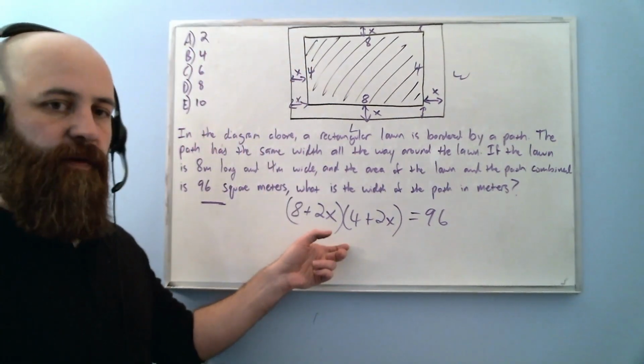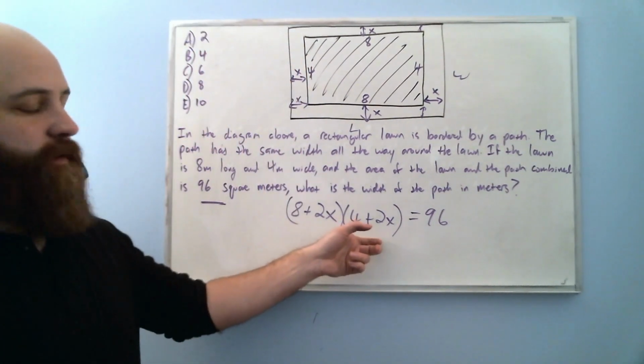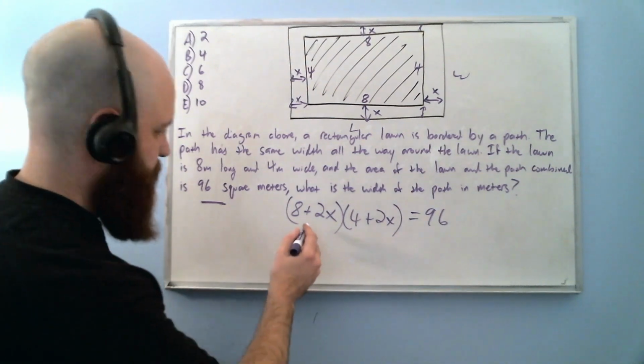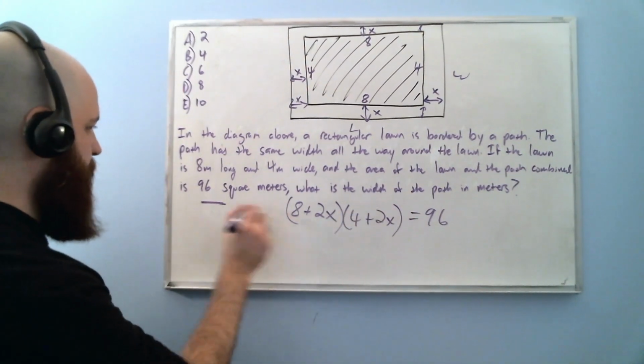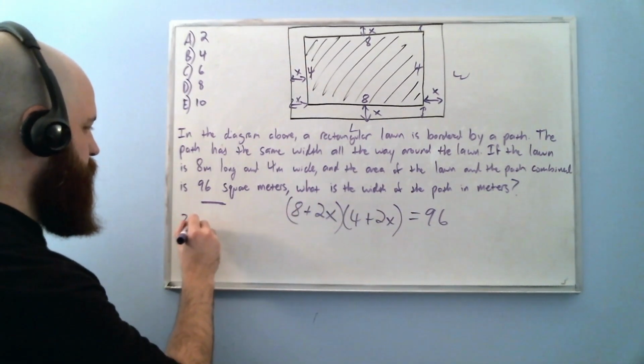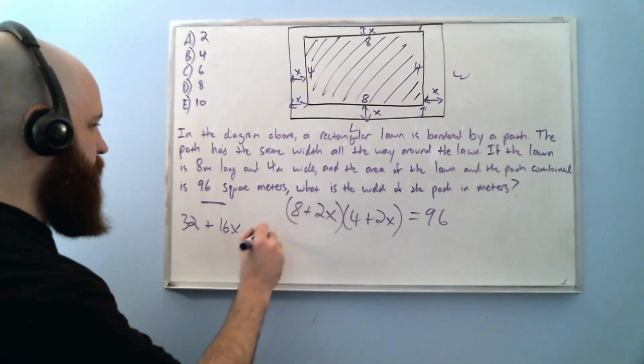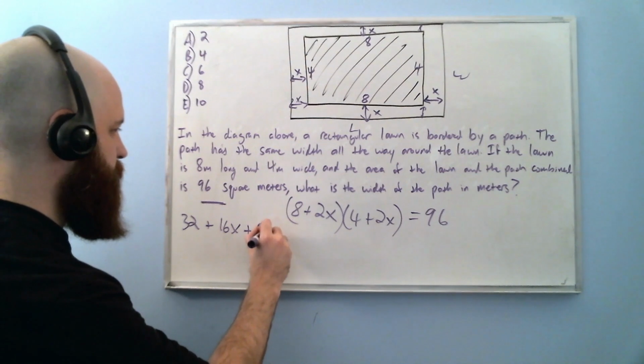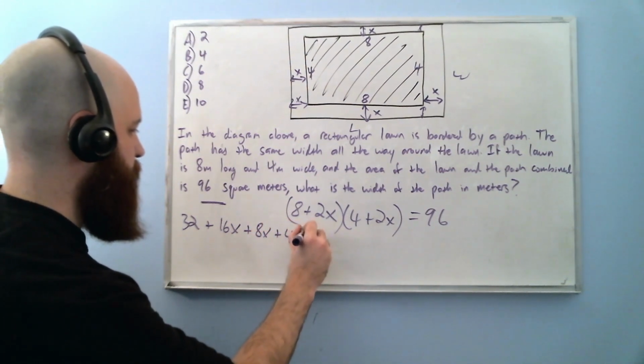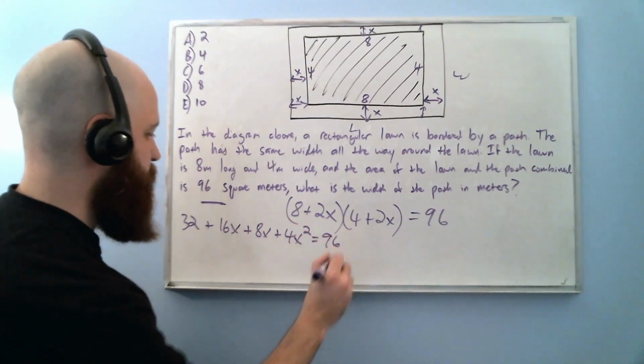So in theory, this looks like an equation with a single variable. Let's see if I can solve it. I guess I'll FOIL that out. 8 times 4 is 32. 8 times 2x is 16x. 2x times 4 is 8x. Plus 4x squared equals 96.